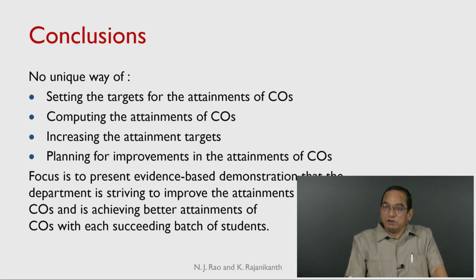In fact, it is quite possible to retain the same target level with the justification that we would like to observe if this level can be attained by the next batch also, and if that happens, we would like to increase the target. We can give a justification like that and retain the same target level.